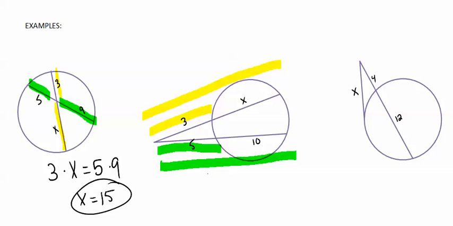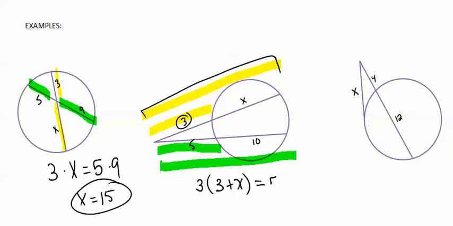So this one would be set up a little bit differently. We do 3, which is this right here, but then we multiply it times this, which is 3 plus x, that's the full segment. And that equals 5 times 15, because that's the full segment.